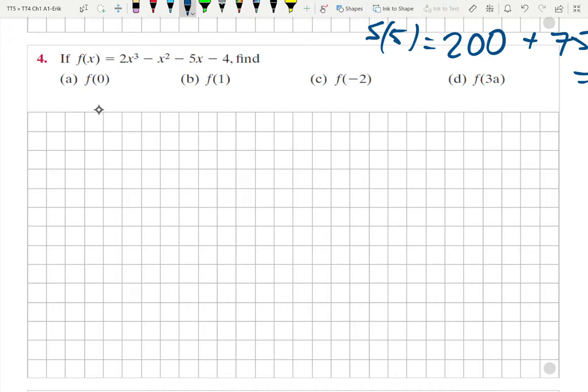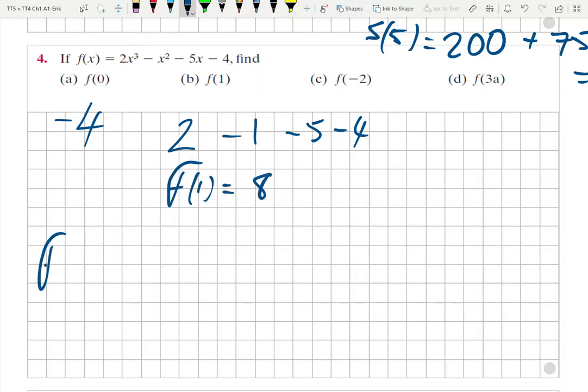Okay, to put in 0 is to take the constant. To put in 1 is to add the coefficients. It's important you know that. What are we looking at here? 8. Okay, to put in -2, we'll just do it out properly. Careful with double negatives.